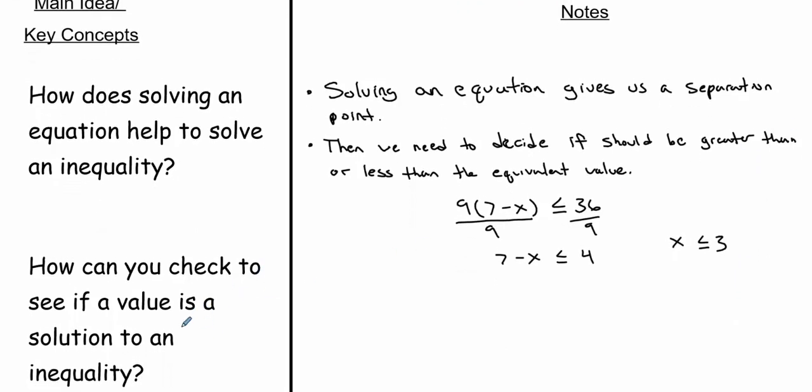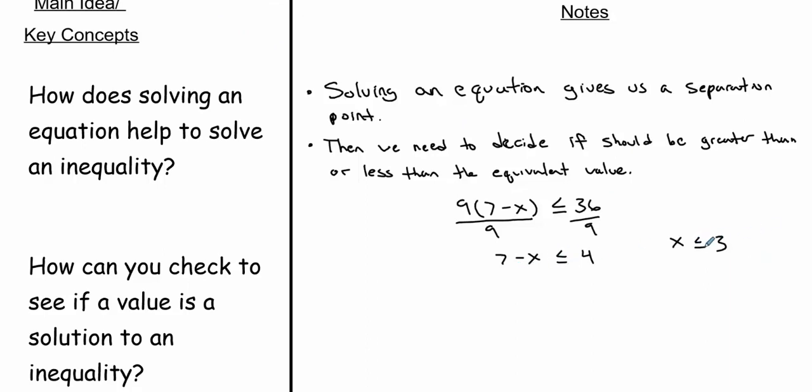And how can you check to see if a value is a solution? Well, I can go back and check. I can put 2. 7 minus 2 is 5. Oh, that's right. We said it had to be greater than, right? We had to switch this one around.